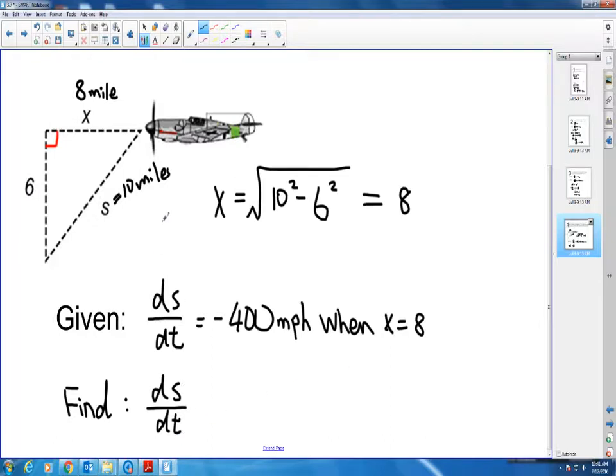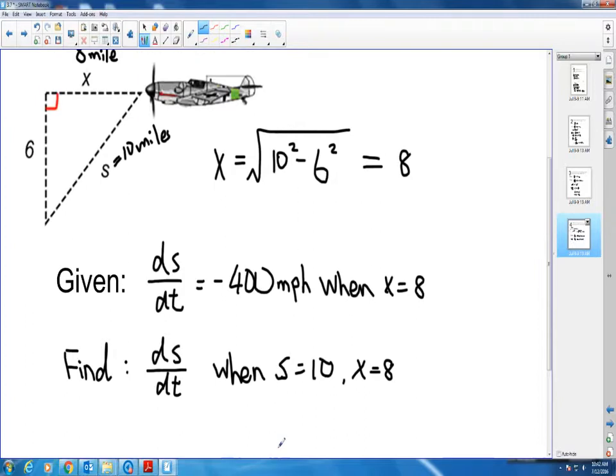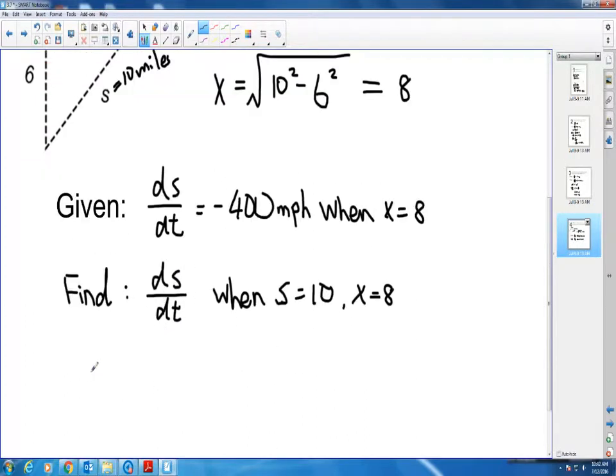I need to find the speed in this direction when s is at 10 and the horizontal distance is at 8. Alright, so I'm still going to use the Pythagorean theorem, where s squared is equal to 6 squared plus my x up top squared.